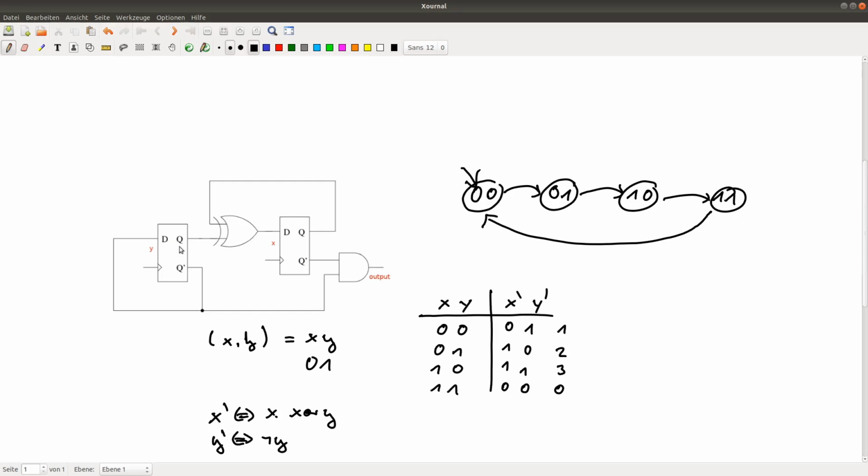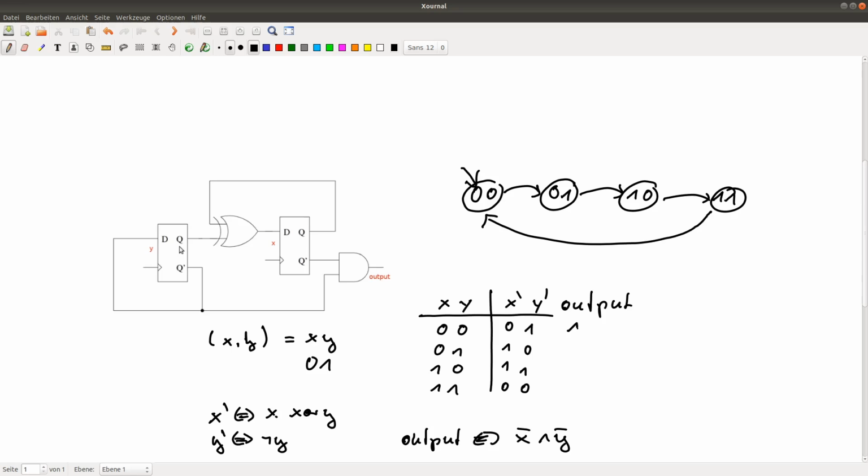Yeah, for the output, we will use the output for the final state, and let's calculate what is the value of the output. For this we use again our truth table, and we have to figure out what is the output. The output is simply the value of not x and not y.